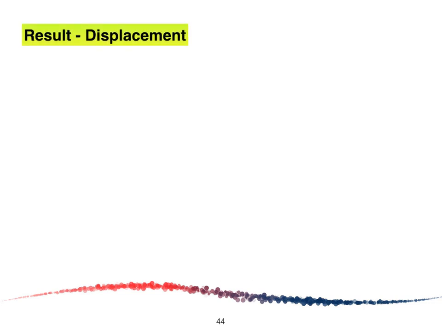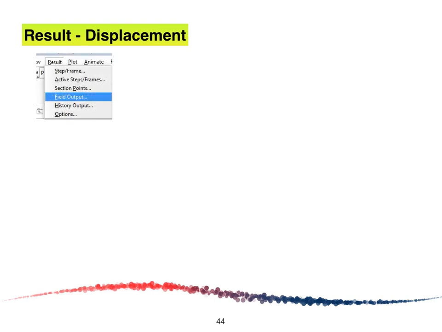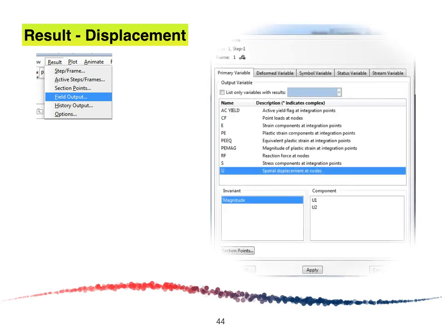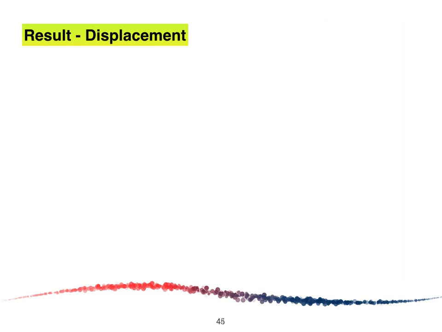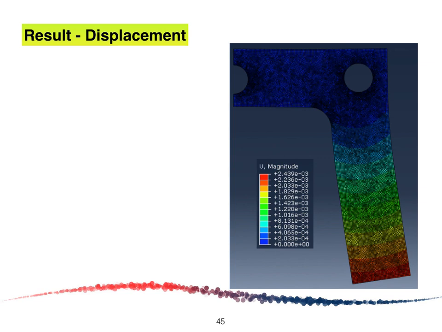Next I'm going to show you the displacement of the converged solution. We are going to select result and select the field output, followed by U displacement at nodes, and click OK. You will see on your screen the total displacement.